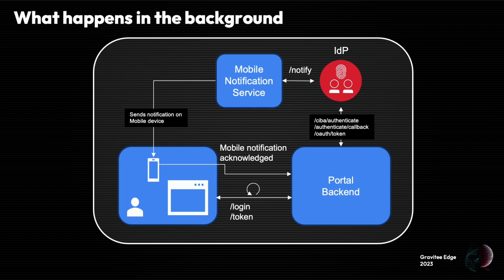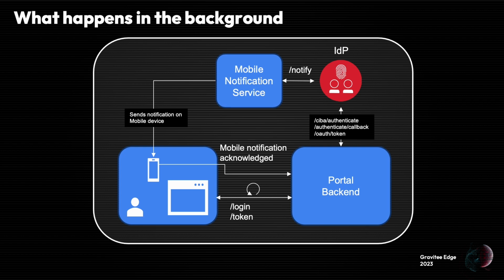From the portal backend to the IDP, there are three calls involved, which were demonstrated in the Postman. Those are CIBA authenticate, CIBA authenticate callback, and OAuth token to get the access token.